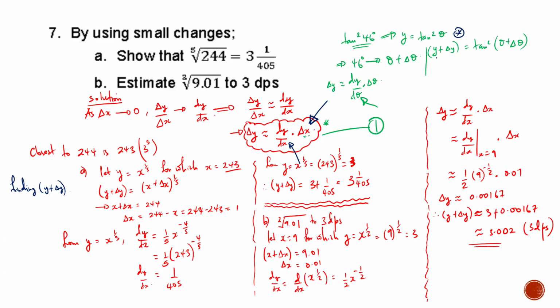I hope that's okay. And then after finding your dy d theta from that expression, you're going to find your change in theta. For this particular scenario you have given, theta is 45 degrees, so your change in theta is just 1 degree, but you should change this to radians.